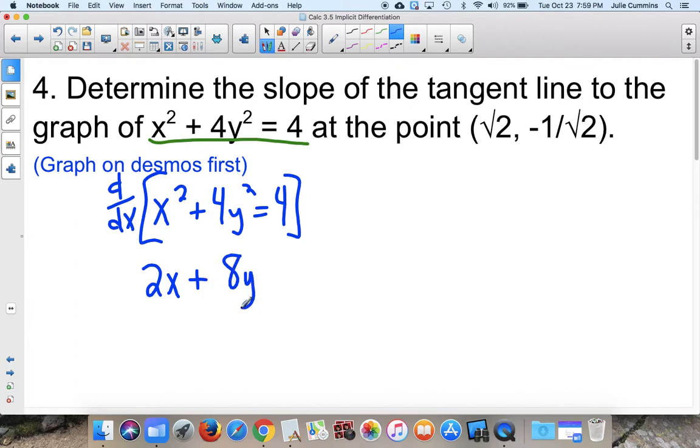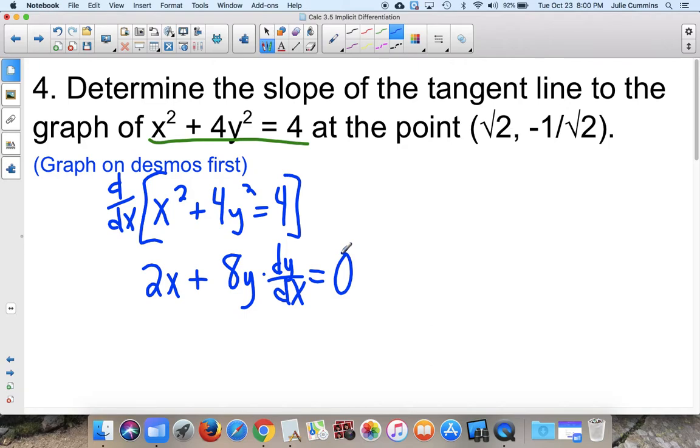But then we have to apply the chain rule. We don't know what y is. We need to take the derivative with respect to x. So we multiply this by the derivative of y with respect to x, dy dx. And then the derivative of 4 is 0. So that's our implicit differentiation.